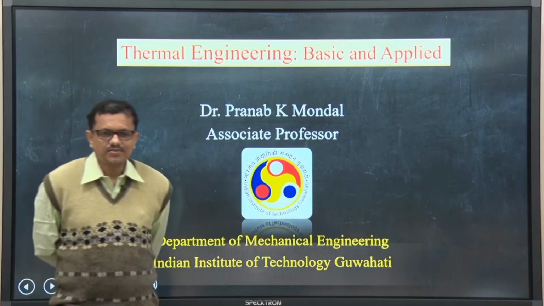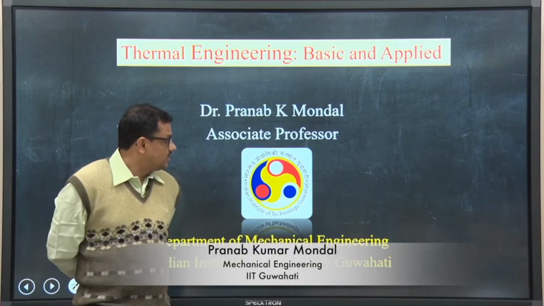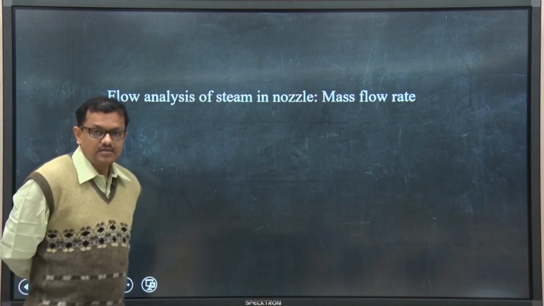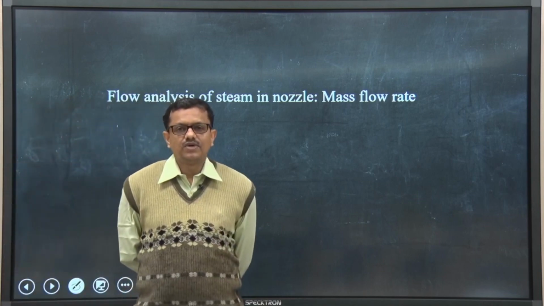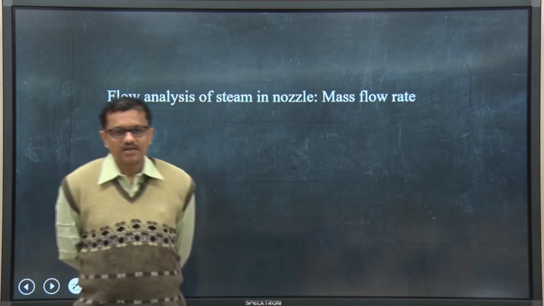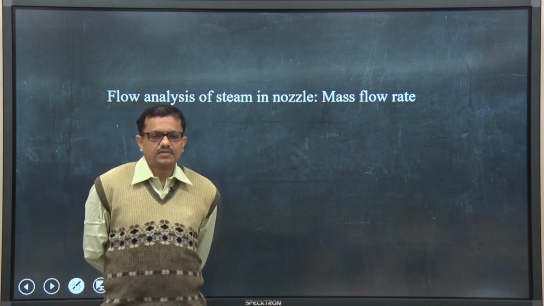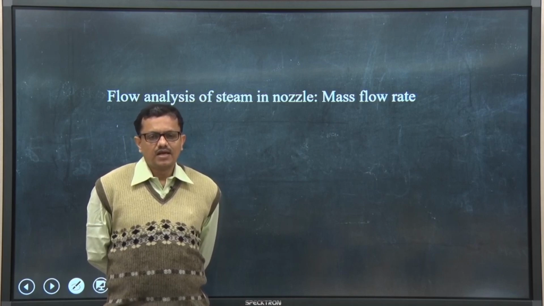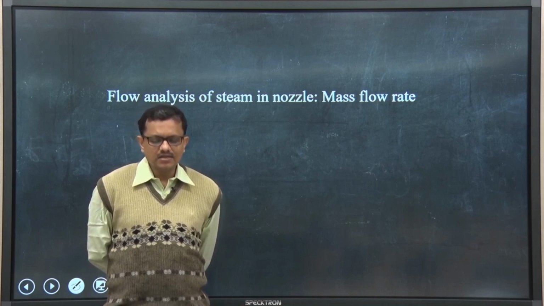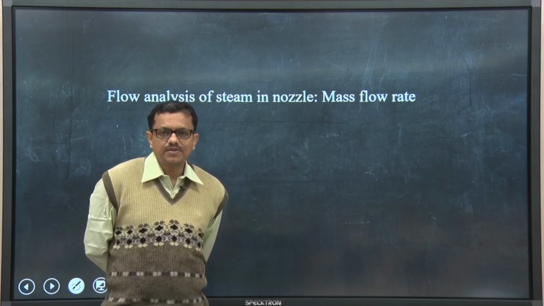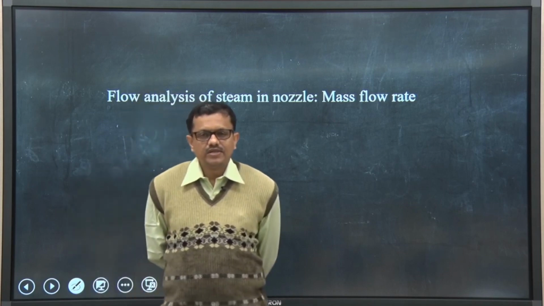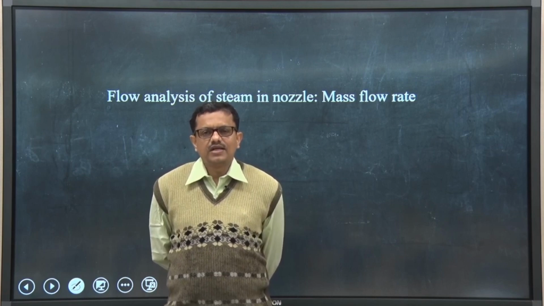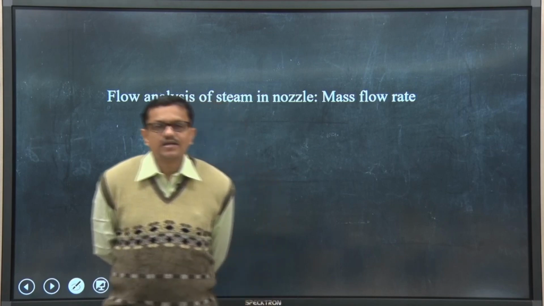I welcome you all to the session of thermal engineering basic and applied. Today we shall discuss the flow through a steam nozzle. In fact, we started our discussion on this topic in the last class, and if we recall, in the last class we could derive the expression which relates the change in area and Mach number.